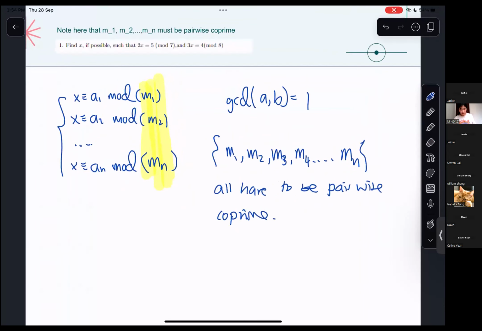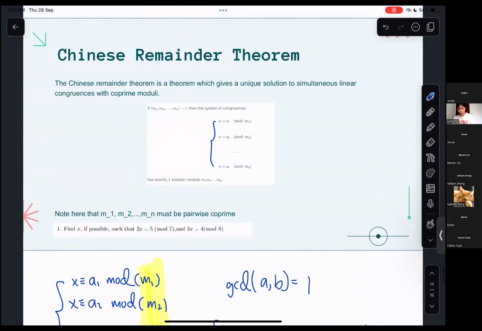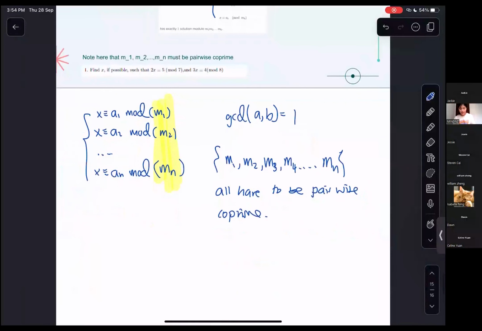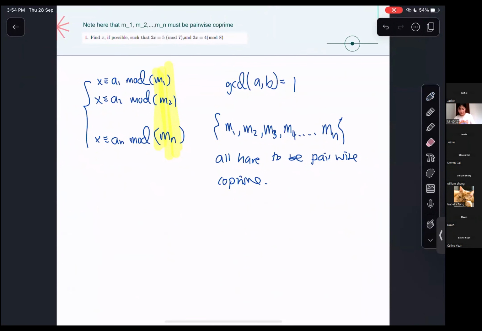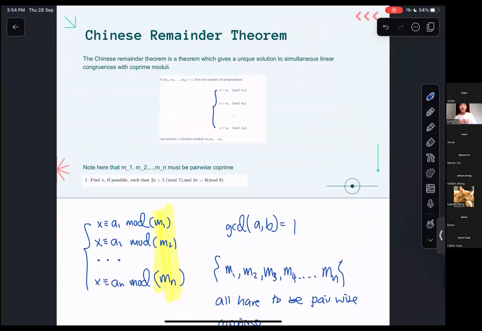Okay, and after we understand that part, what does the Chinese remainder theorem actually tell us? Well, it tells us that there is a solution for x.